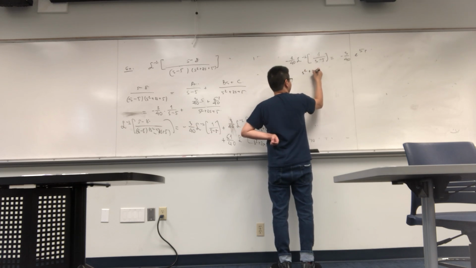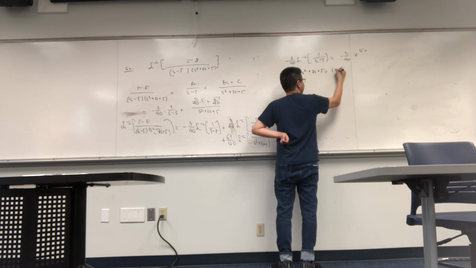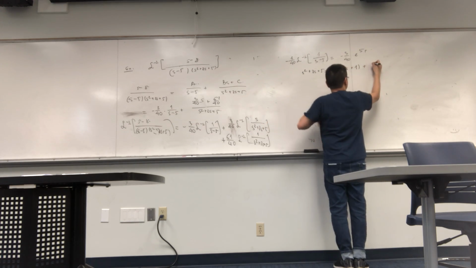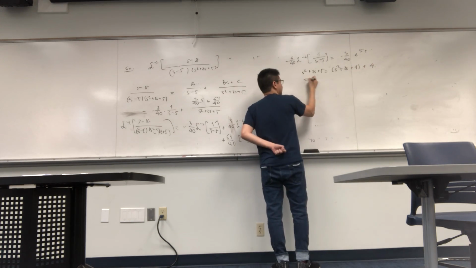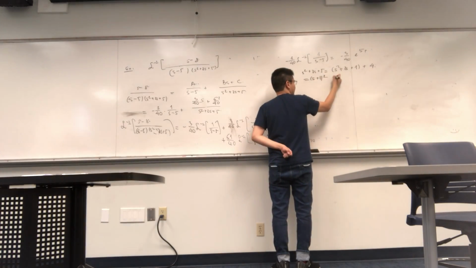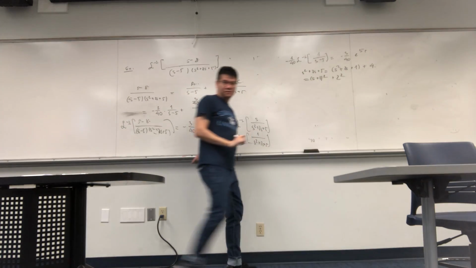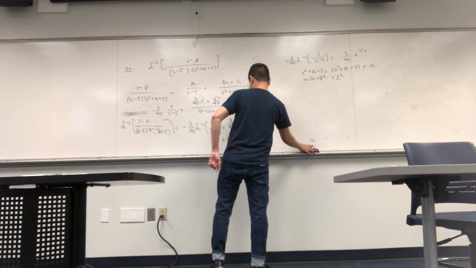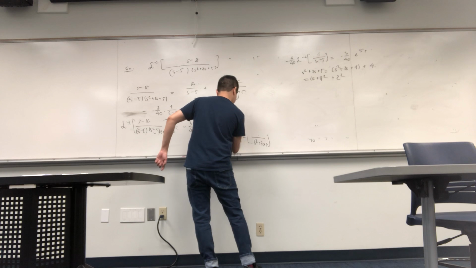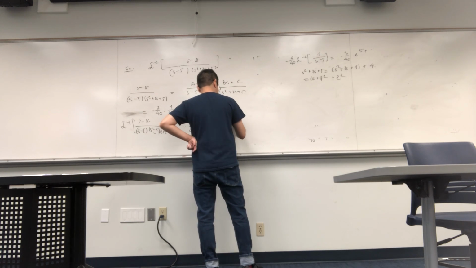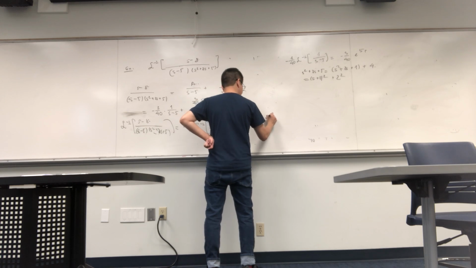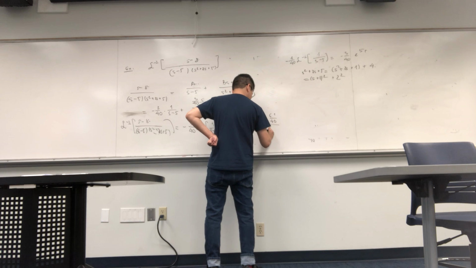s squared plus 2s plus 5 will be s squared plus 2s plus 1 plus 4, right? And this is s plus 1 squared plus 2 squared, right? I think I better not split here, so I'm going to keep the inverse Laplace transform of the whole thing, 3 over 40 s plus 61 over 40 over s squared plus 2s plus 5.